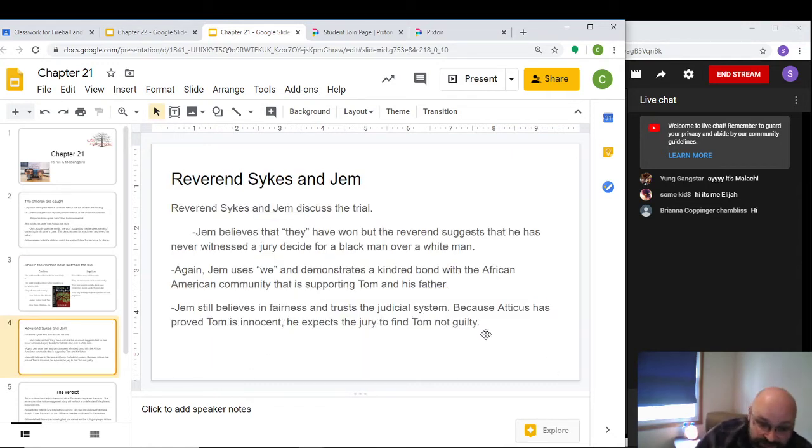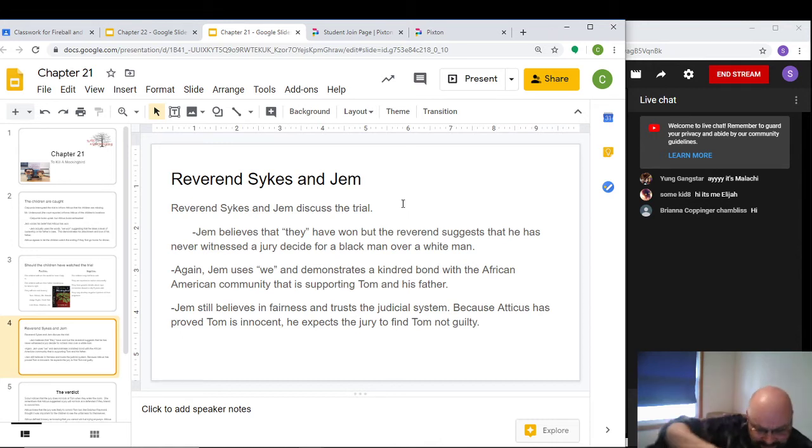There's also a very interesting interaction between Reverend Sykes and Jem. It's really short. Jem talks about how they've won, suggesting even extending this ownership of the trial to the African American community, to himself, to Atticus, like they're on the same side. Sykes mentions that he's never seen a jury take the word of a black man over a white man.